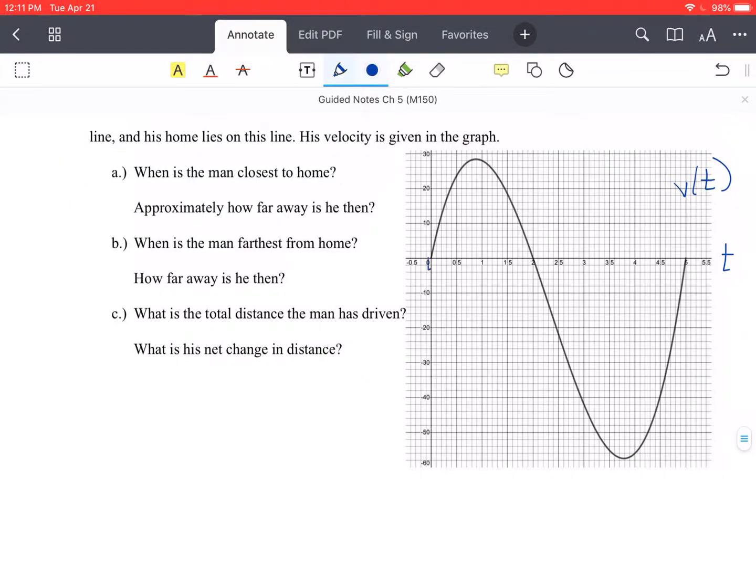As he starts here at 0, the man has positive velocity from here to here. Does everybody see that? This curve is positive between 0 and 2. And then from here to here, the curve is in the negatives, which means the velocity is negative. So what's really going on is the man, let me write this down.